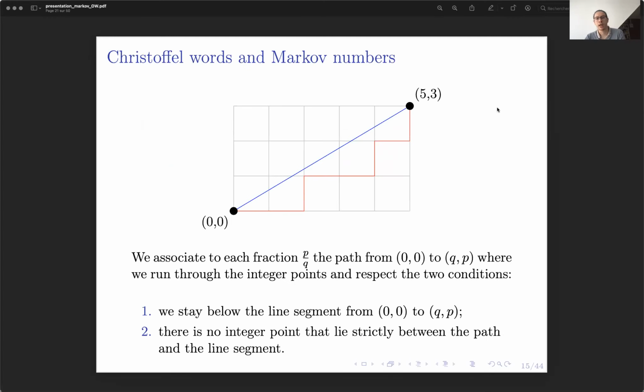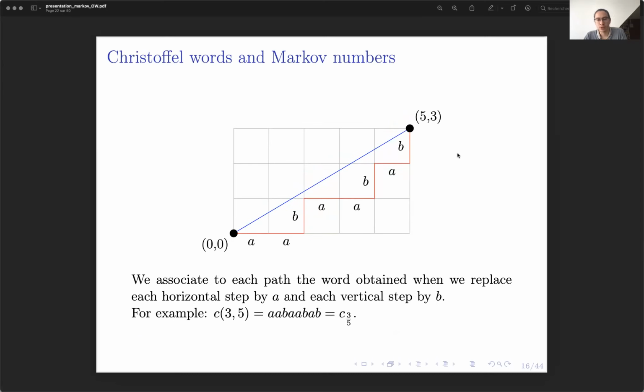So if we take a line segment from (0, 0) to (q, p), and we discretize this segment, we construct what we call a path associated with a Christoffel word. So we have these two conditions: we stay below the line segment, and there is no integral point between the line and our path.